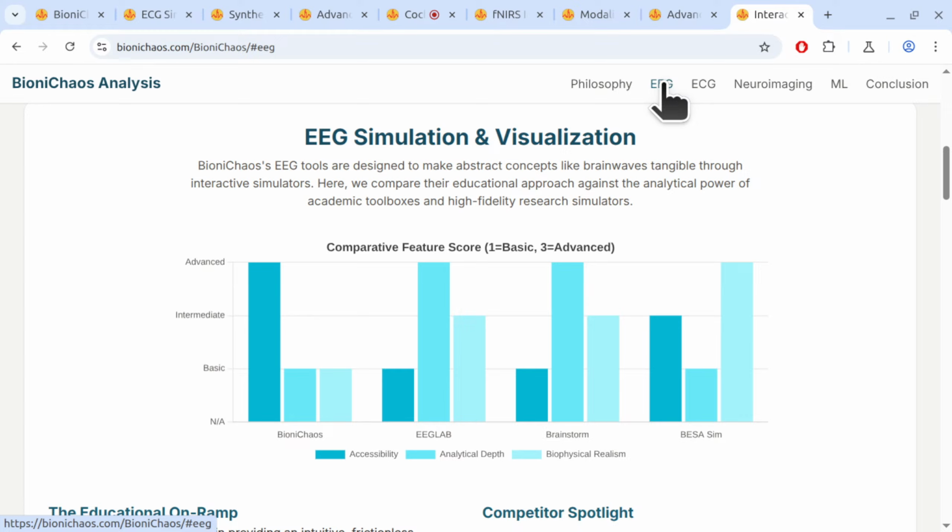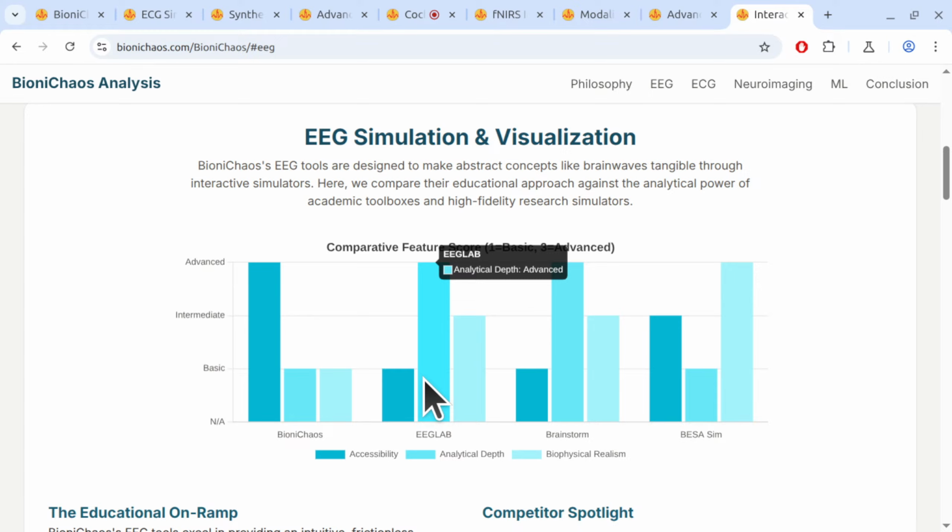So it handles the fundamentals, but maybe not the super complex stuff, or biophysical realism, how closely it mimics the biology. Okay, yeah, so less complex algorithms, perhaps. Exactly. You contrast that with something like EEGLAB or Brainstorm for EEG analysis. They score on depth. I mean, they're powerhouse tools for researchers. Yeah. But their accessibility, often rated basic. There's a steeper learning curve there.